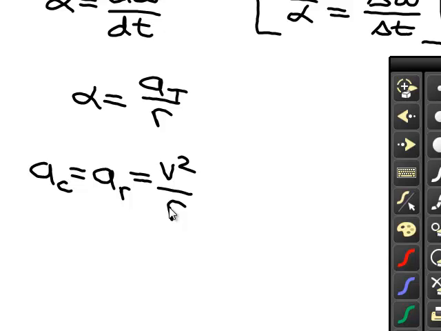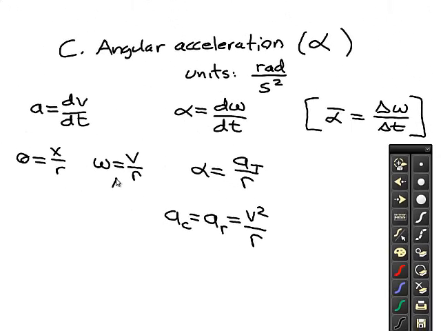Now, v is a linear term, right? That's how fast in meters per second he's going around. I could do a quick change-o here and say v is omega times r, and stick that in for v. And so I could say omega squared r squared over r is centripetal acceleration. You okay, Jake?